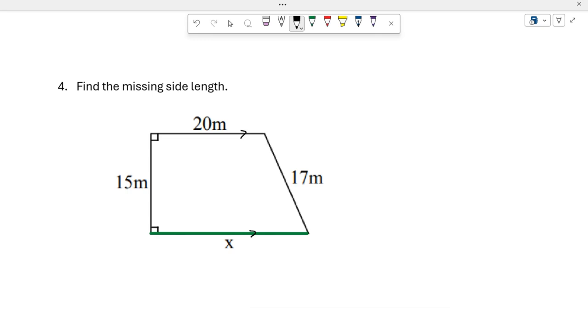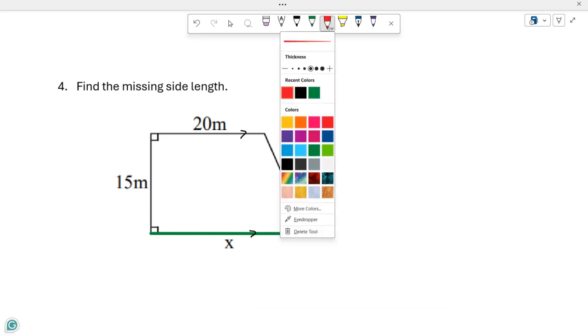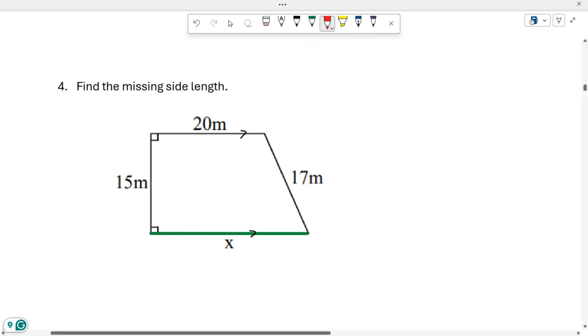Well, the key to answering this problem is to recognize that this right trapezoid can be formed by combining a rectangle with a right triangle.